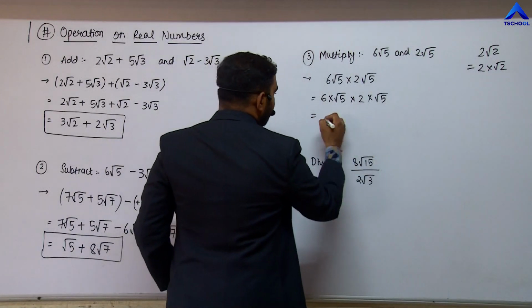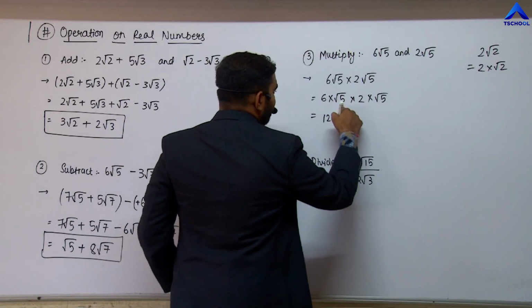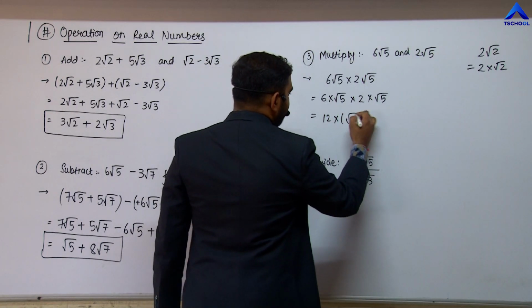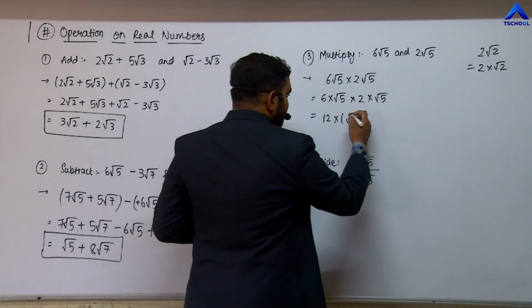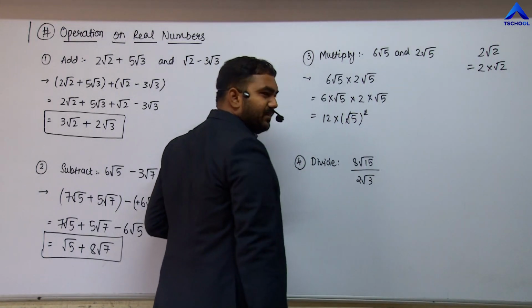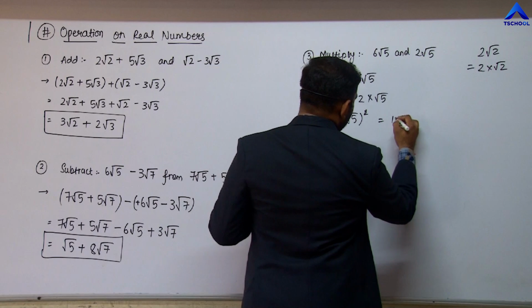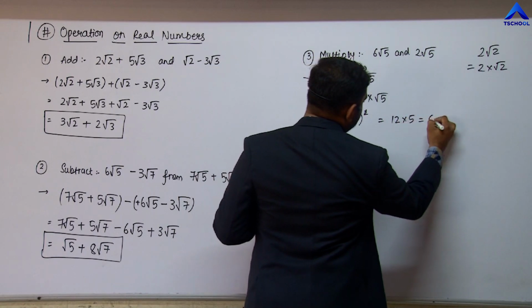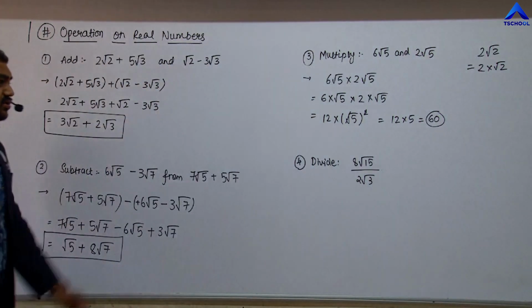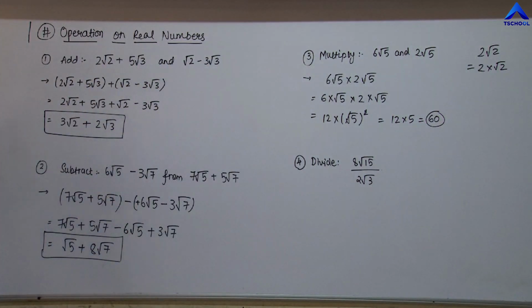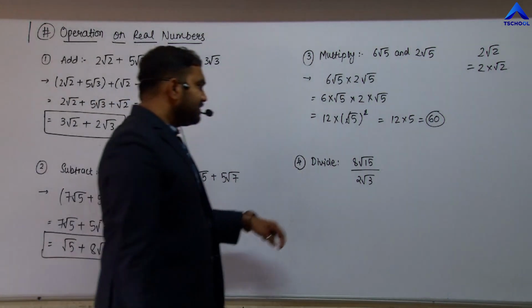That is 6 into 2 is 12, multiplied by root 5 into root 5, that will be root 5 square. Okay, now see this friends, the square and square root can be cancelled here, so you can simply write it as 12 into 5, which is equal to 60. Okay, so the answer to this question, multiplying 6 root 5 by 2 root 5, is 60.